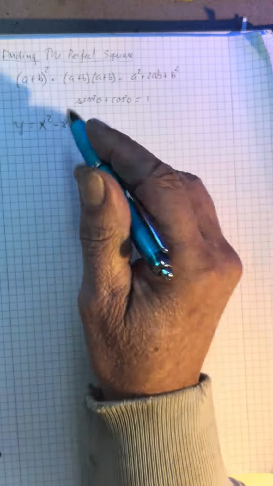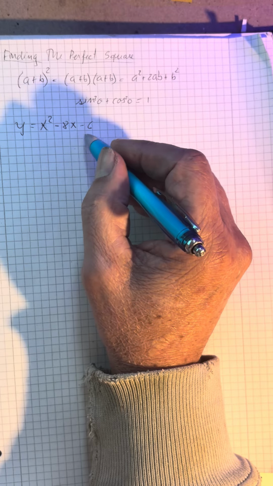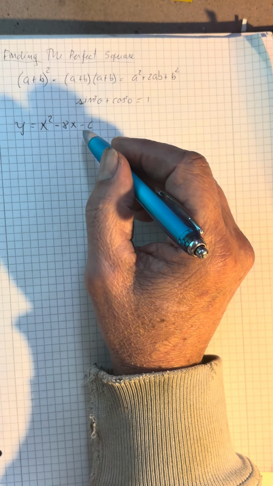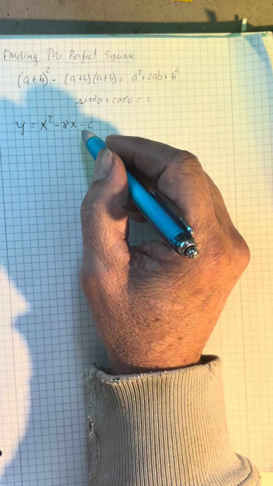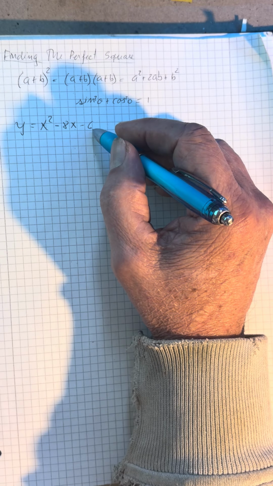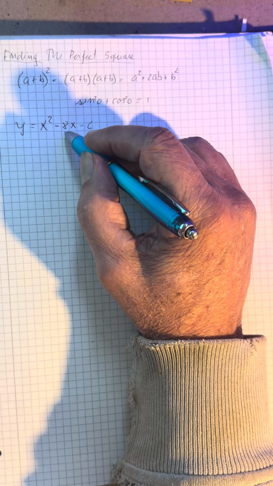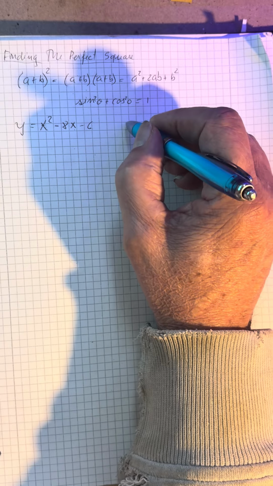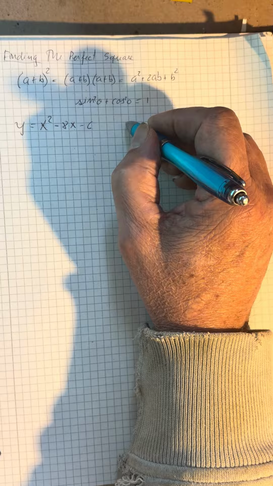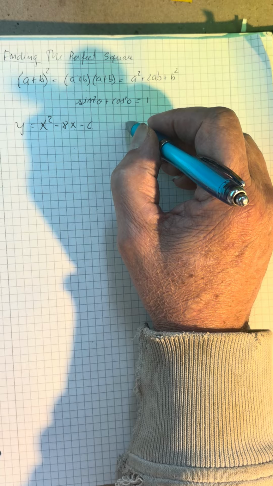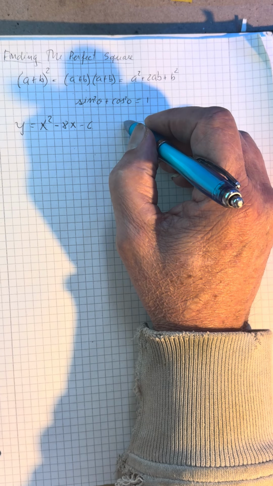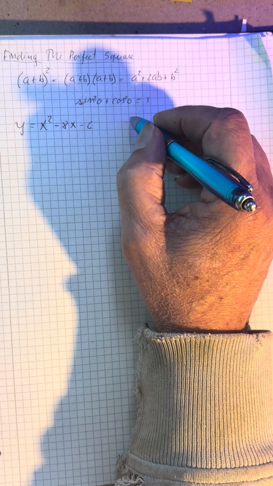Anyway, if we try to factor this out, we have to find two numbers that multiplied will give us 6 and subtracted give us 8. That looks like, let me see, 2 and 4.